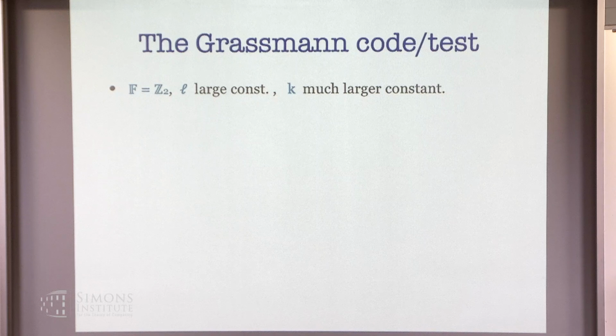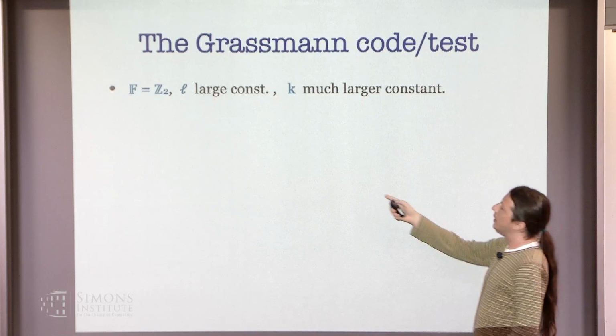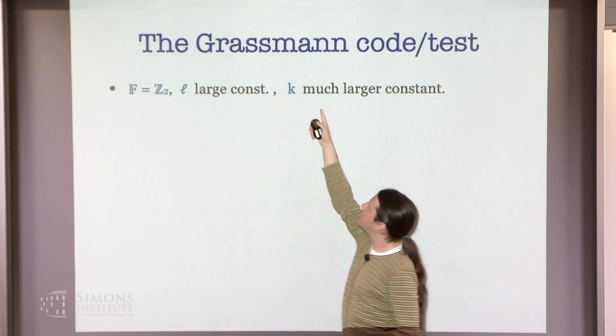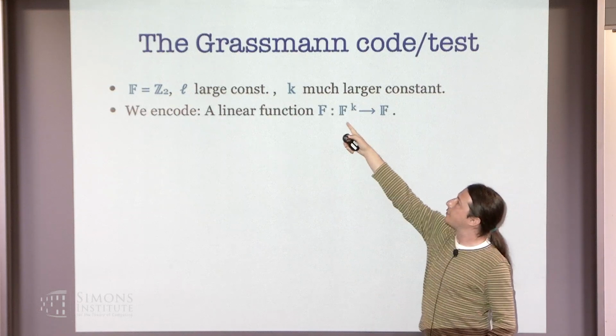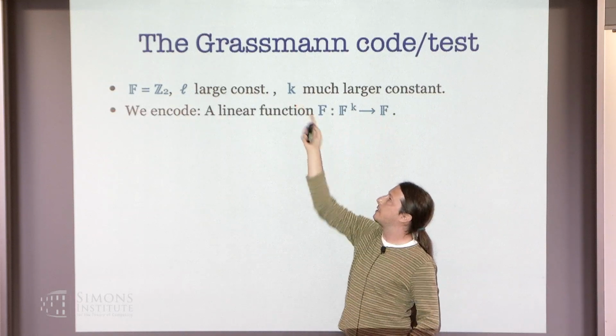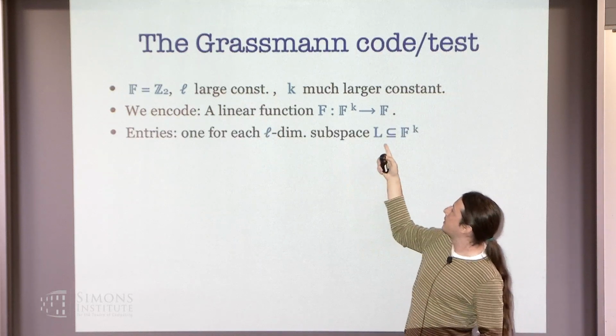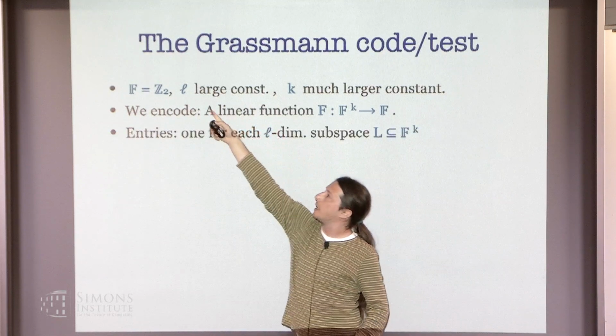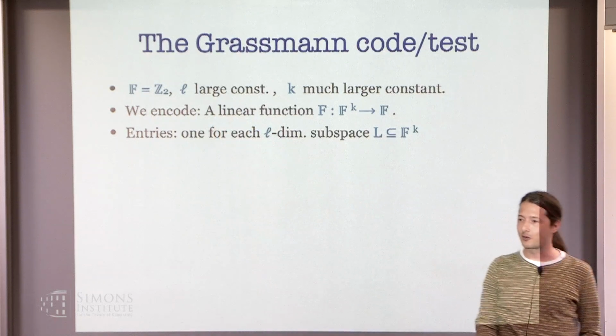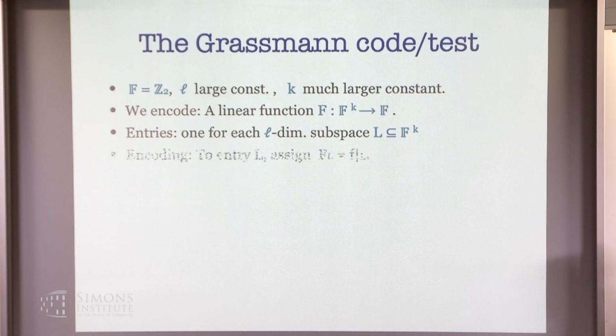Yeah, so the field is of size 2. You are going to encode functions from F^k to F, where k is a very large constant. And the subdomains will be subspaces of dimension L, which is a small constant, a small large constant.